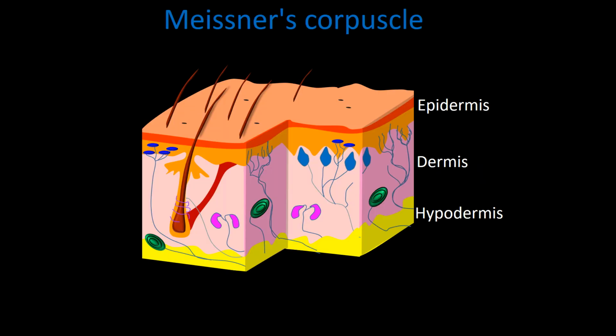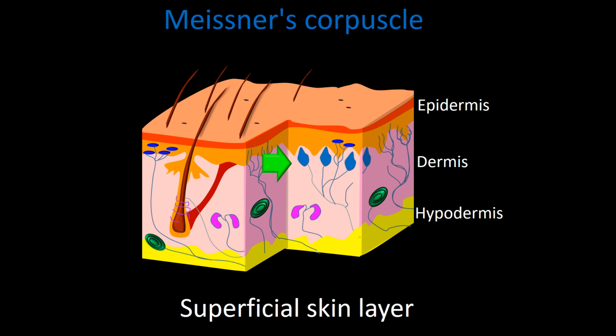The second receptor I would like to mention is Meissner corpuscles. Meissner corpuscles are often referred to as tactile corpuscles due to their high concentration found at the fingertips. They are rather superficial, being found just below the epidermis.